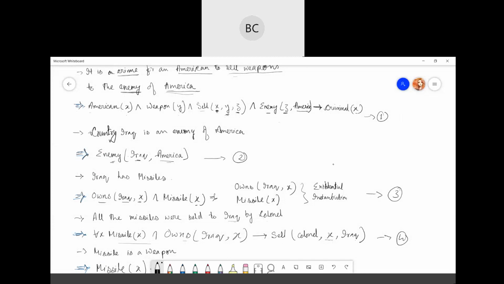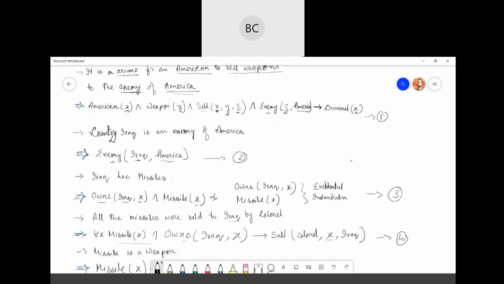Now in the right hand side, all we care about is the X. Y, Z are there, but those are kind of variables we don't care about. The main thing is we only care about the X part.